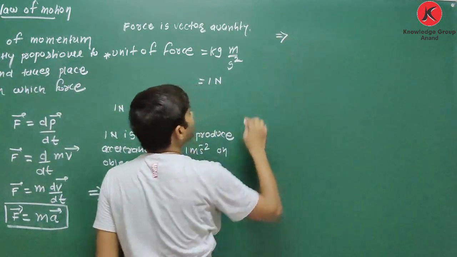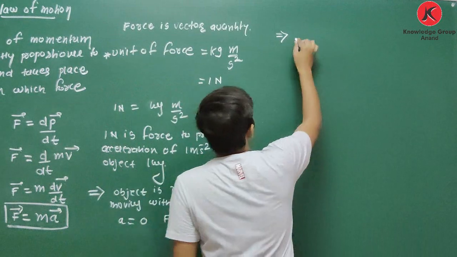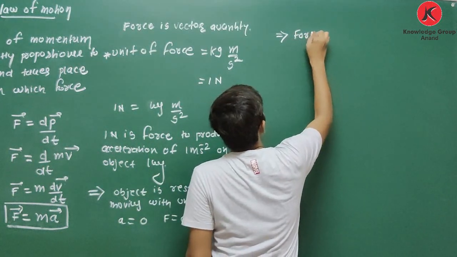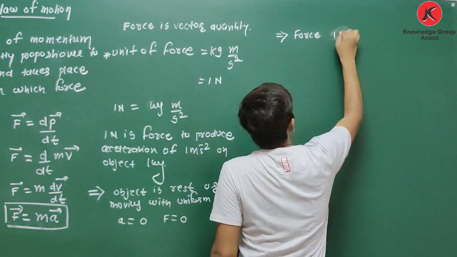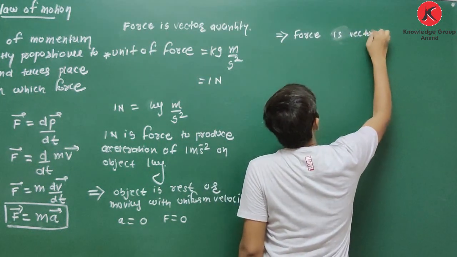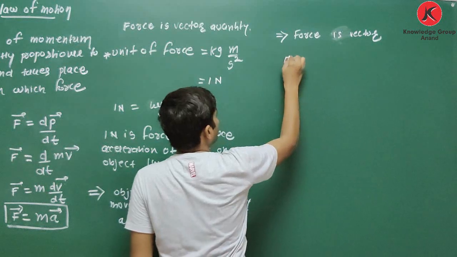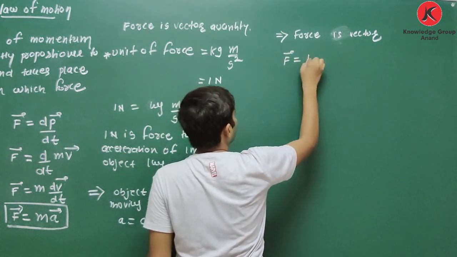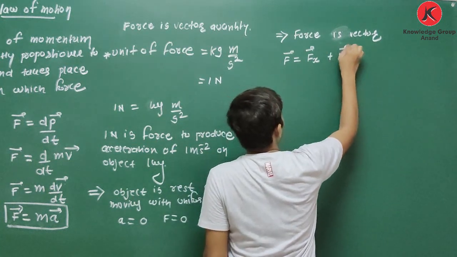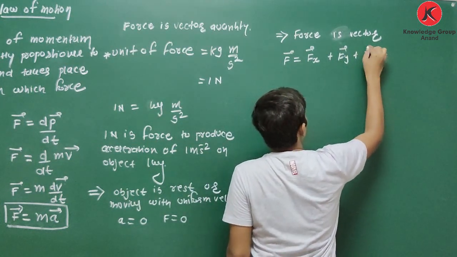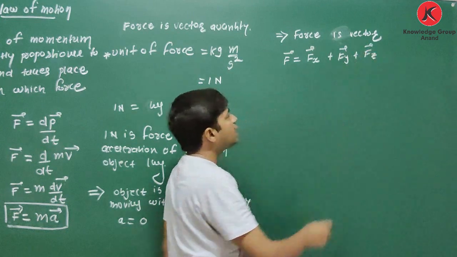Force is a vector quantity. Then how to write force in terms of components? I can write F is equal to Fx plus Fy plus Fz.